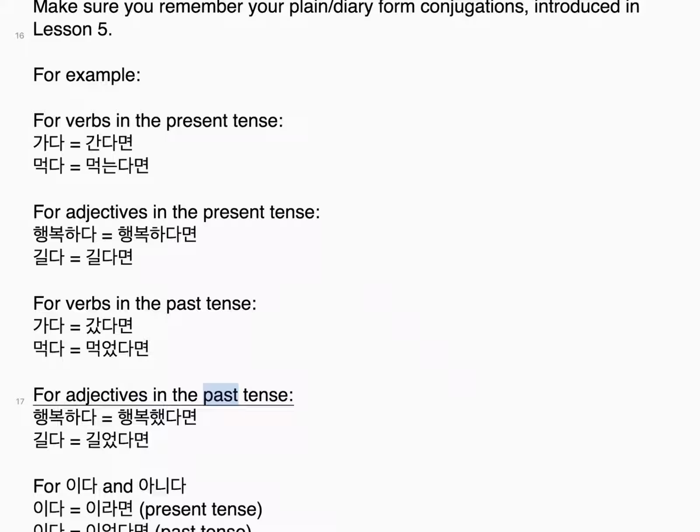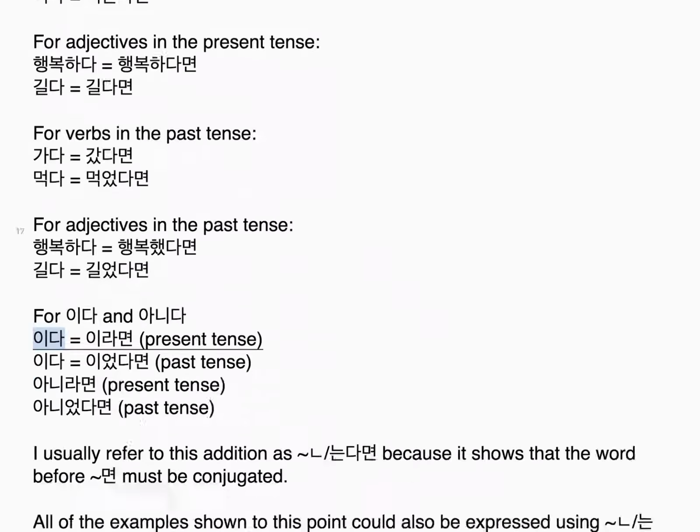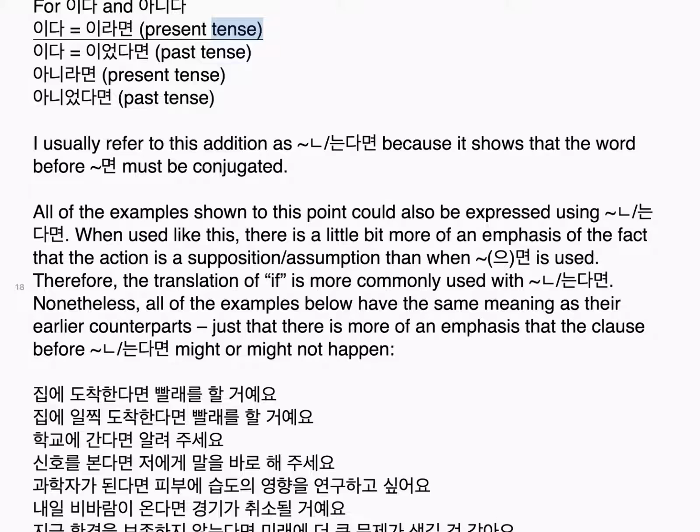For adjectives in the past tense: 행복하다, 행복했다면; 길다, 길었다면. For 이다 and 아니다: 이다, 이라면, present tense; 이다, 이었다면, past tense; 아니라면, present tense; 아니었다면, past tense.